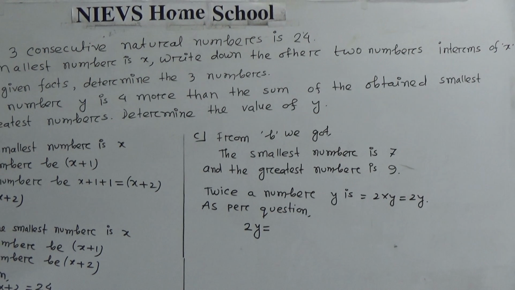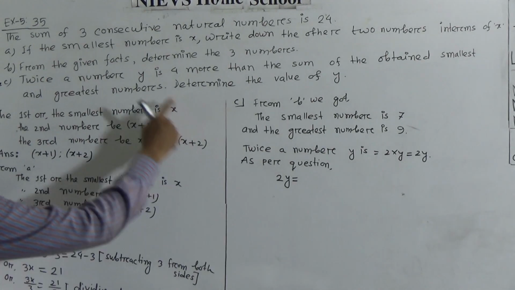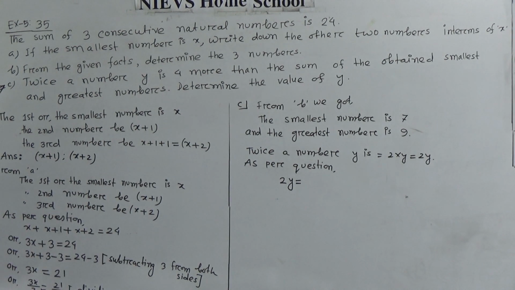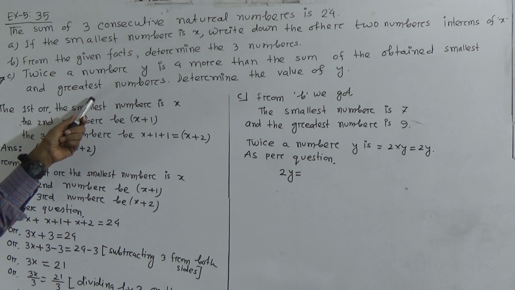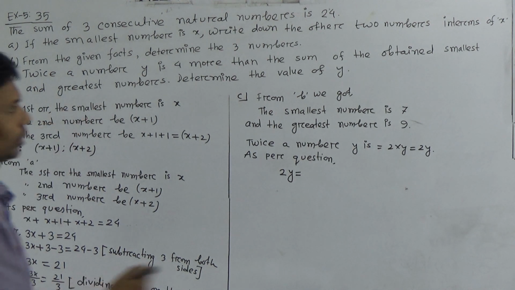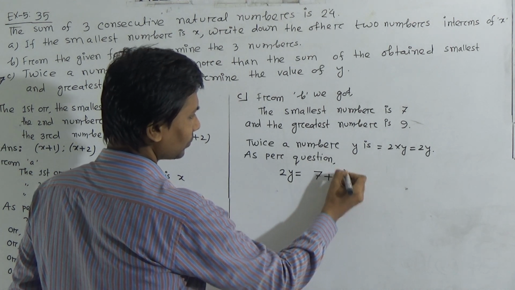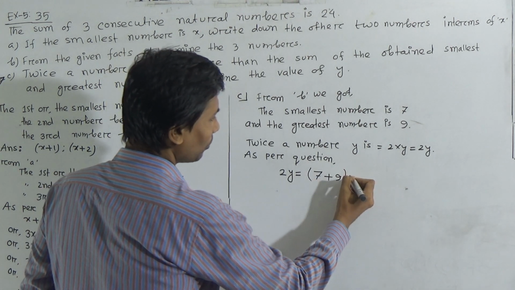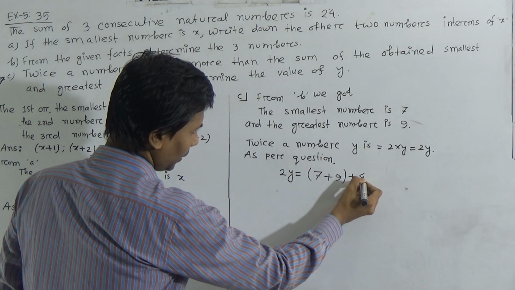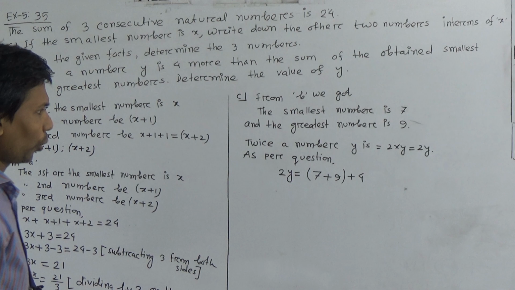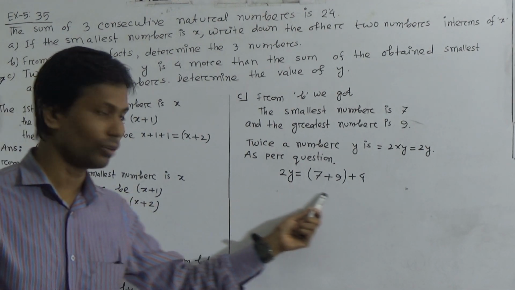That means, student, try to understand, 2y means 4 more than the sum of the obtained smallest and the greatest number. That means 7 plus 9, this is the sum, also 4 more, that means this is the 4. Okay, according to the C number question, this condition is fulfilled.